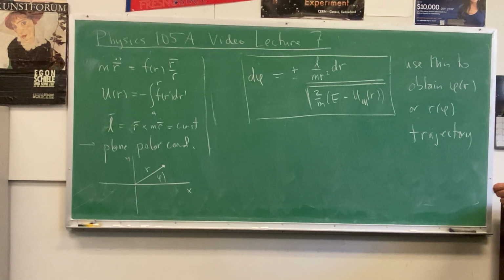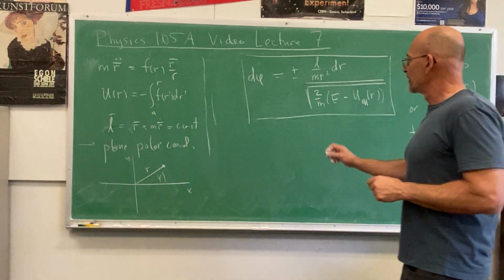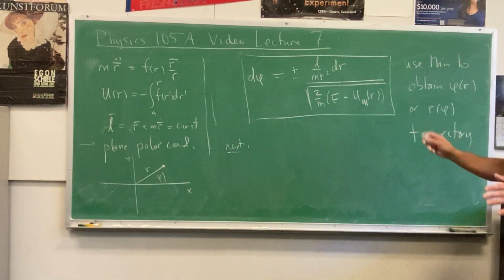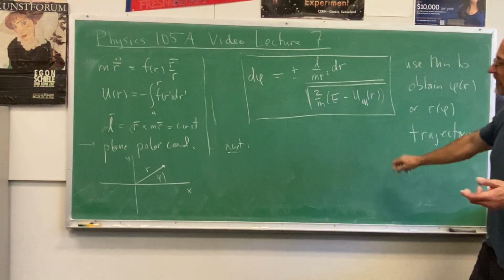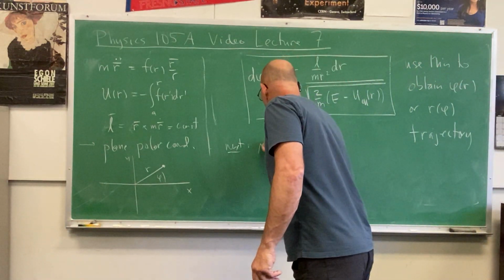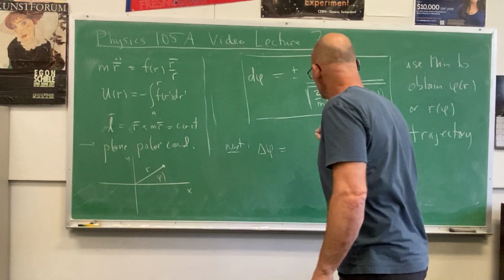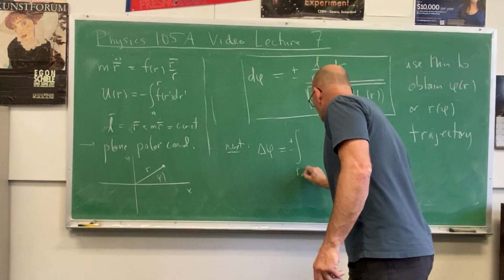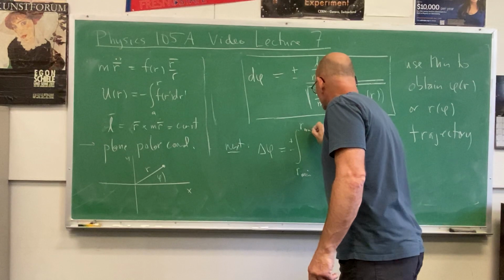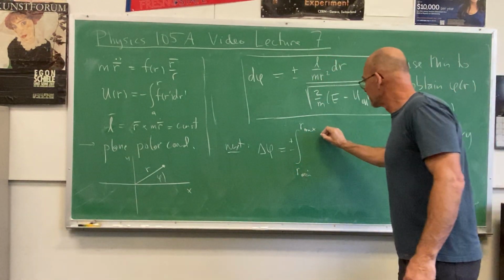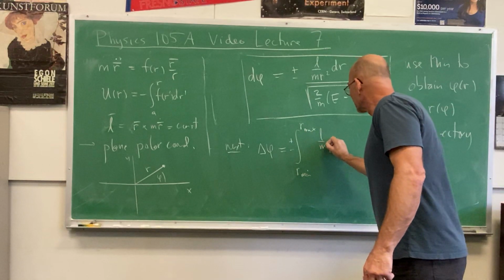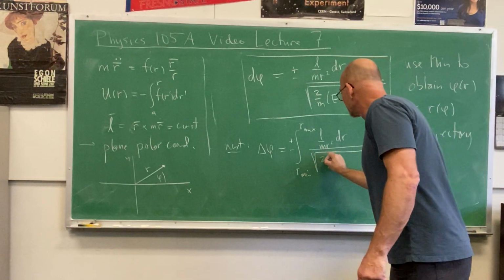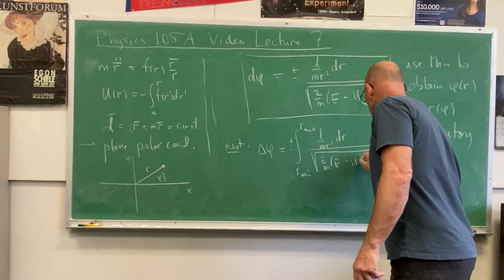In terms of the general information about the trajectory that this expression gives us, define delta phi as the integral, plus minus, from r min to r max, which we had studied, of m r squared dr divided by the square root of 2/m (E minus u effective of r).